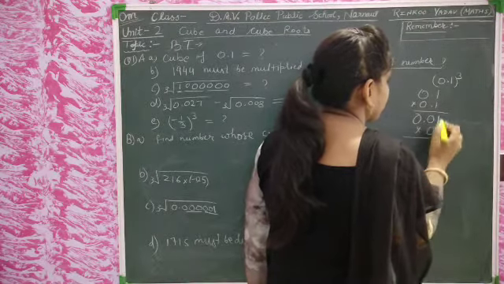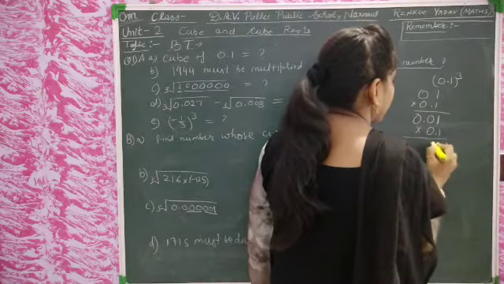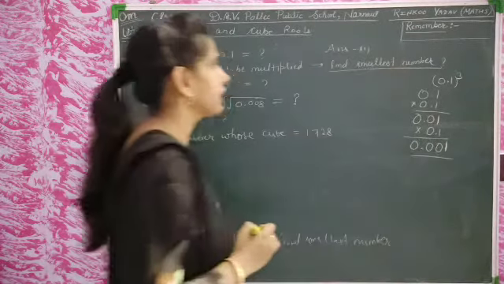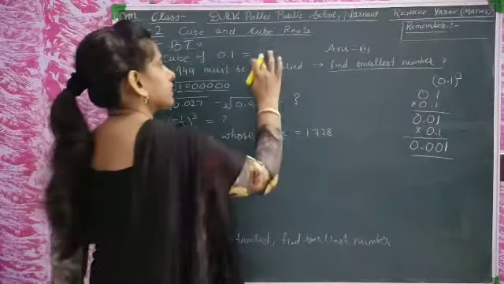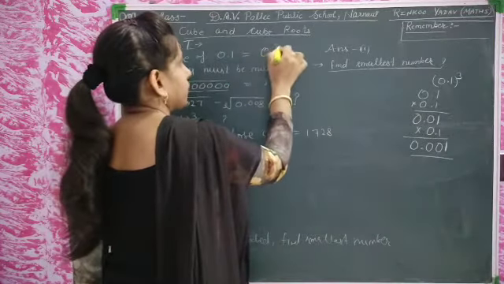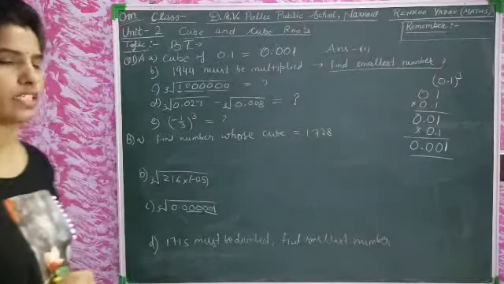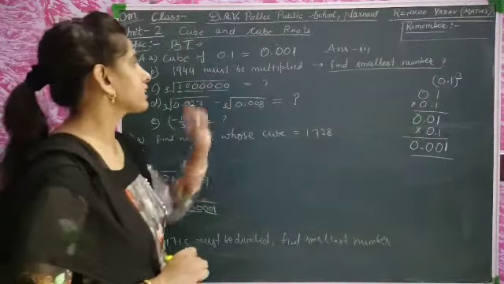So we will place 1 times 1 times 1 here, and we will place the decimal before 3 digits. So we will get the answer equal to 0.001, and this is part second. Now we will go to the next question.